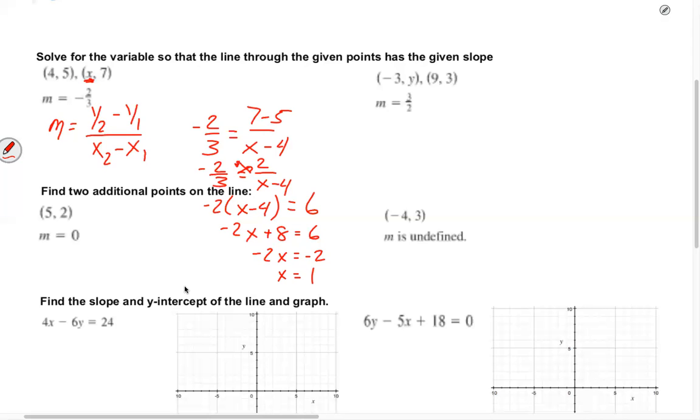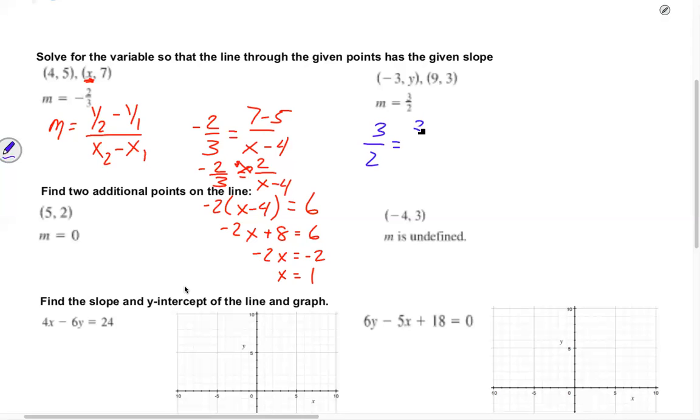Yeah. -2/3 can be written as -2 over 3, 2 over -3. So I just choose to move it to the bottom. So I write -3 equals x minus 4. Add 4. Done.